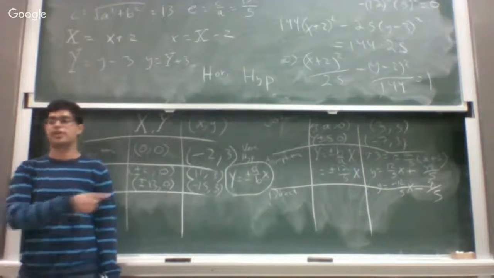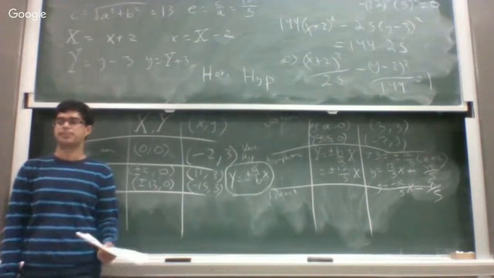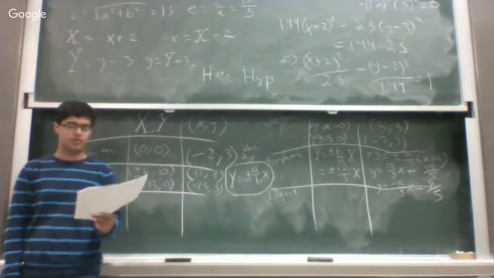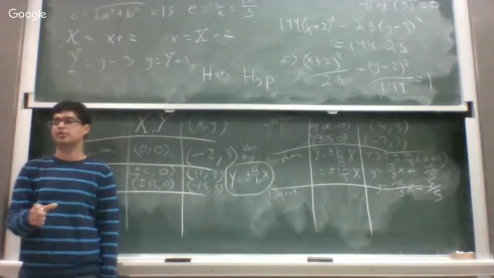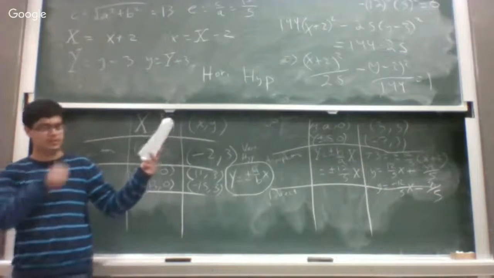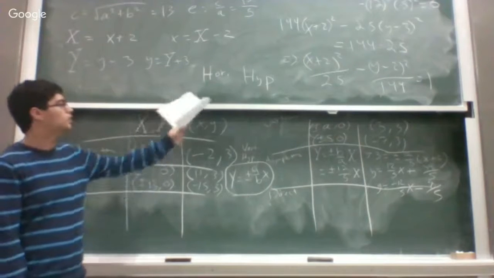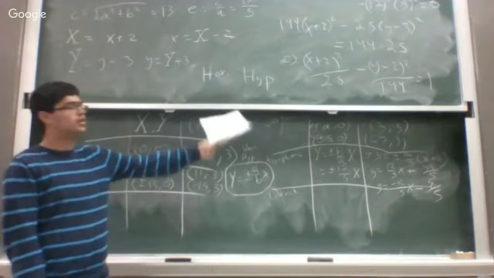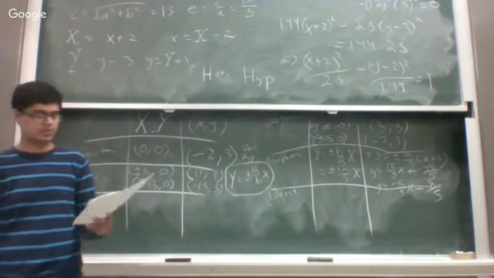And so you guys are saying they give you that. So you have to be careful which you use, because the information flips easily. You have to be able to recognize that this is a horizontal hyperbola, so you use that information.